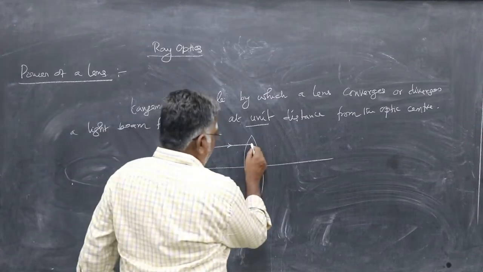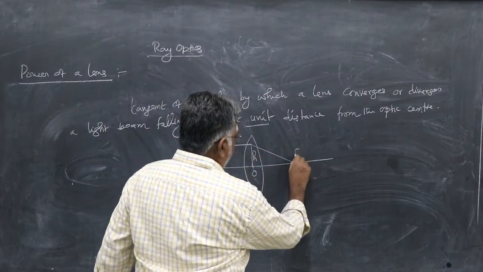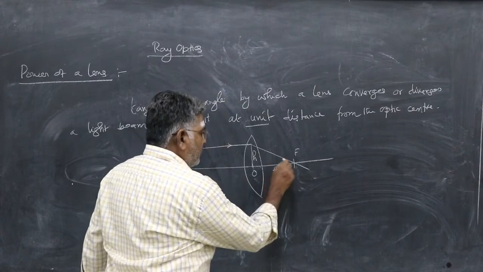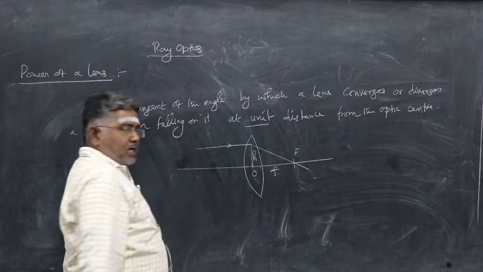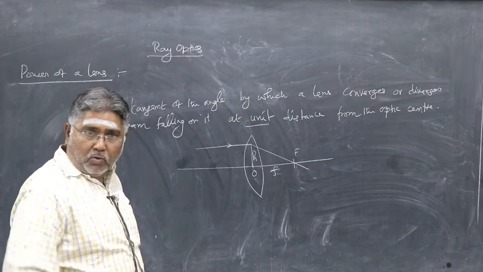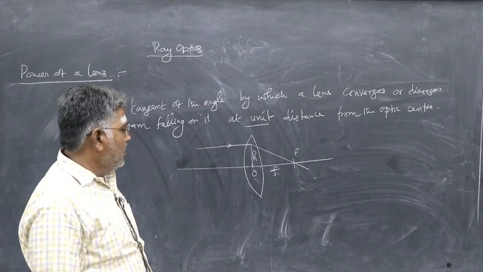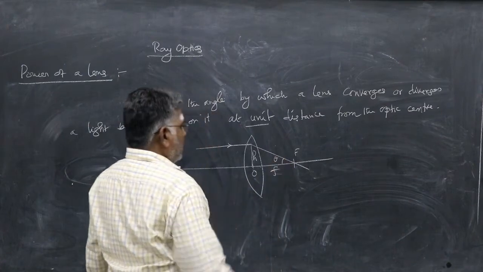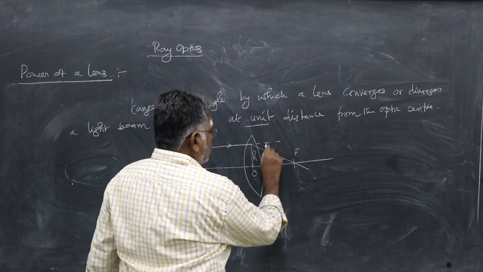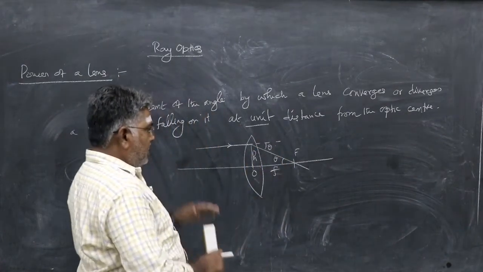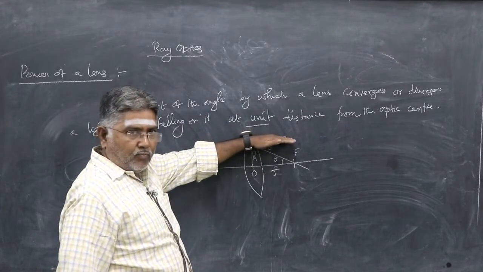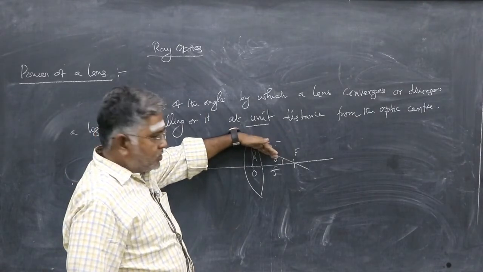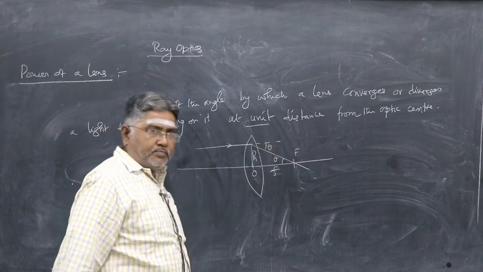After refraction, it will pass through the principal focus. So this is F. Capital F is the principal focus, small f is the focal length. This is the angle. Actually the ray has to go this way, but it converges by this angle.